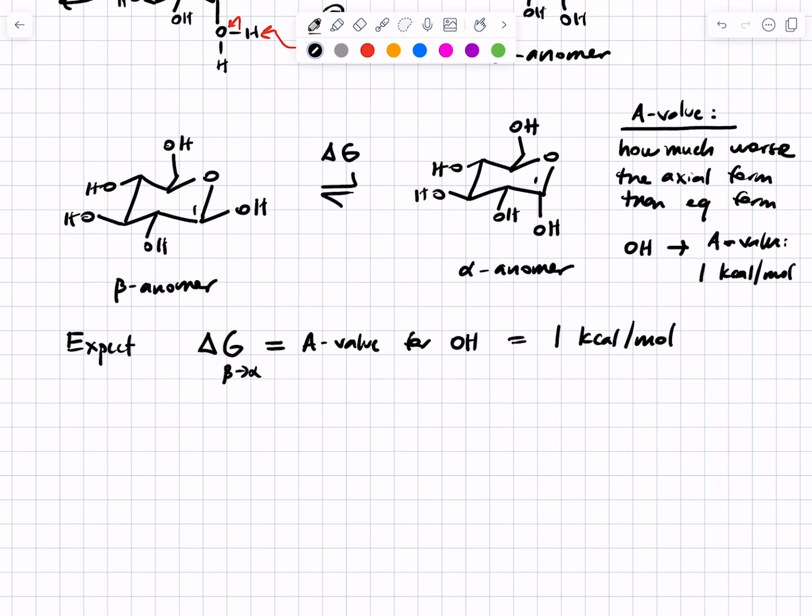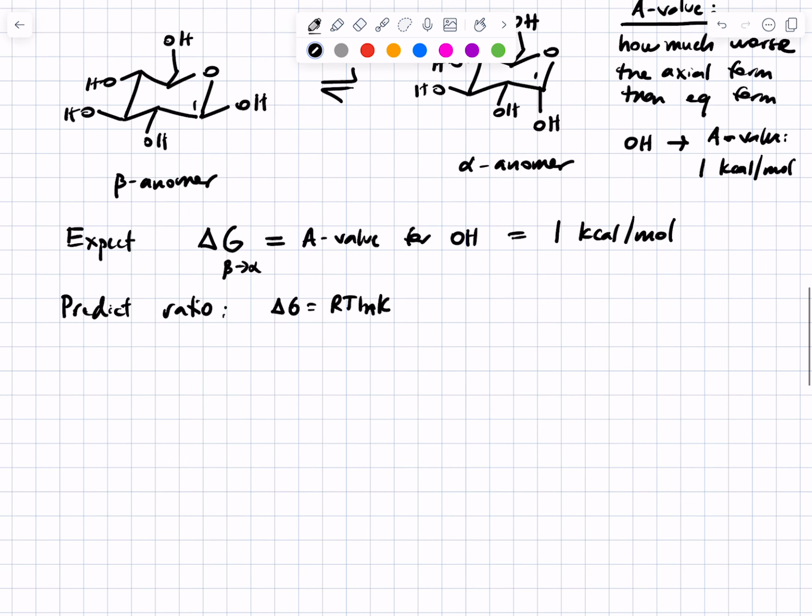And we can use that information to predict a ratio of alpha to beta anomers using the relationship delta G equals RT ln K. Now, because this is not Gen Chem, we're not going to do that math. Somebody else has done it for us. We're just going to write it down.